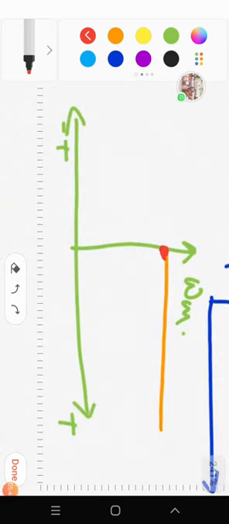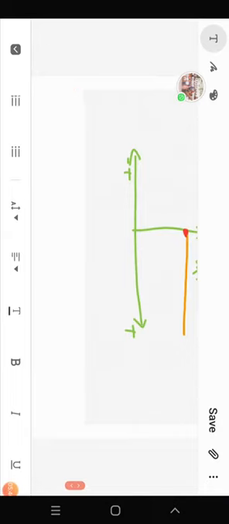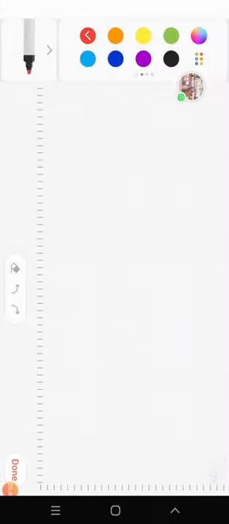So we can say that this characteristic will get extended into the second quadrant.